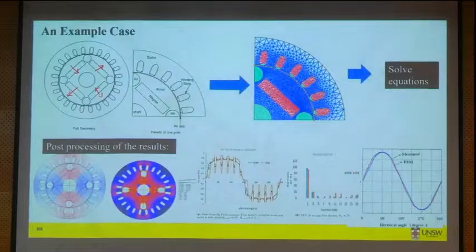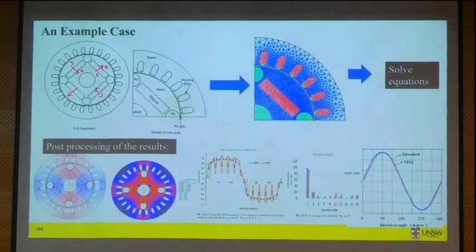Okay, so if you're talking about that way, let's say this is your north, this is your south. In the other case, this is your north, this is your south. Okay, that's how it is. Alright, that's how you define it. So magnetization direction tells you which direction the flux is going to come out. So that is your north. Right? So that's how you have to define it. Okay?